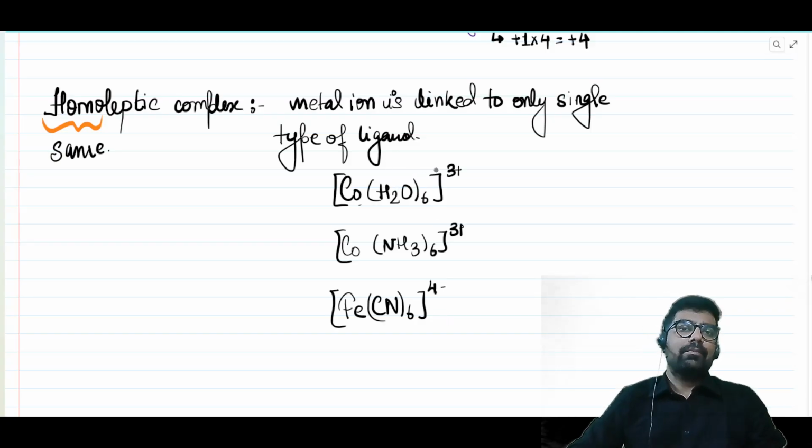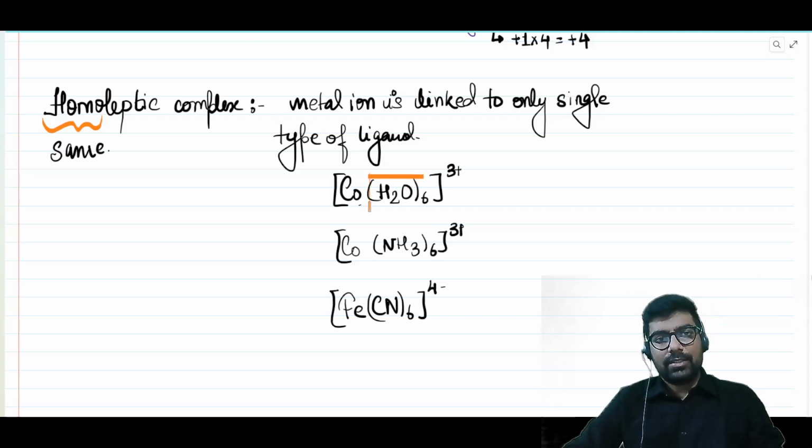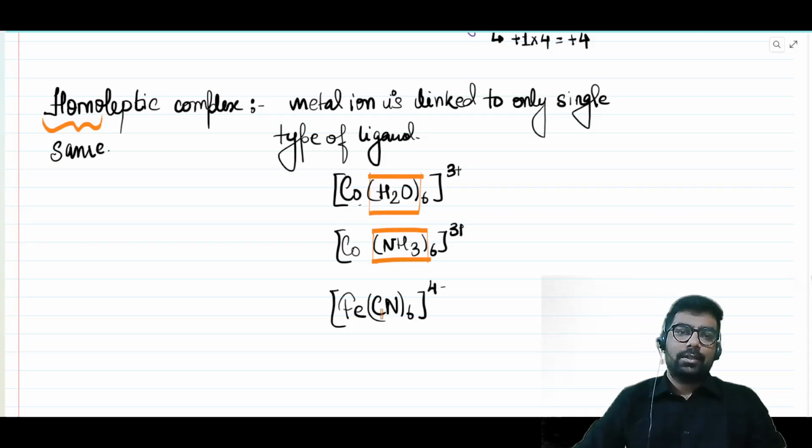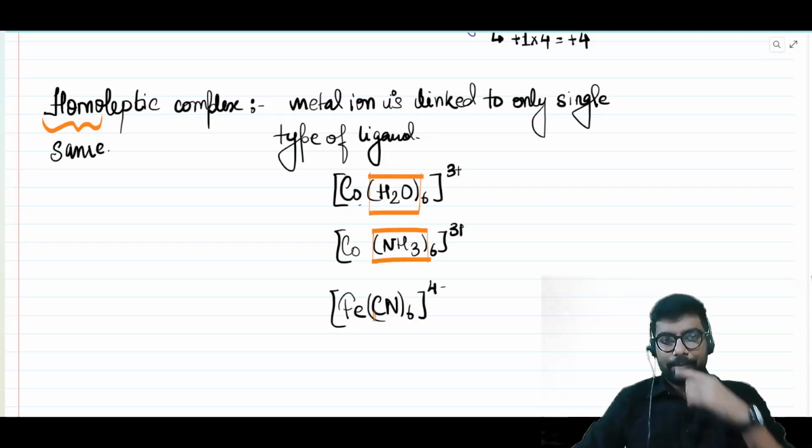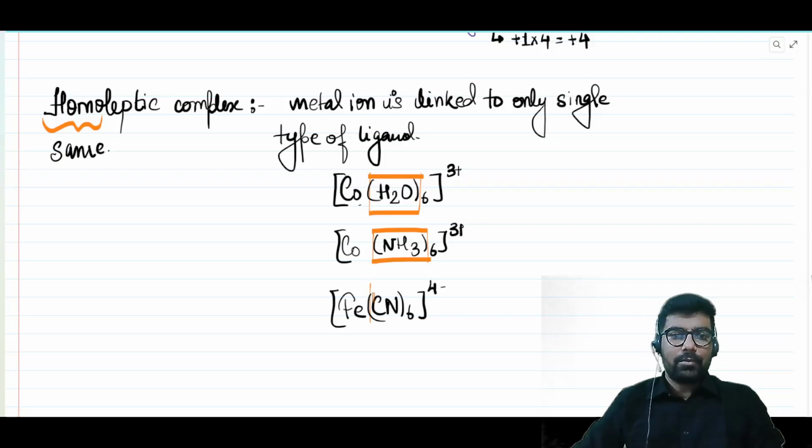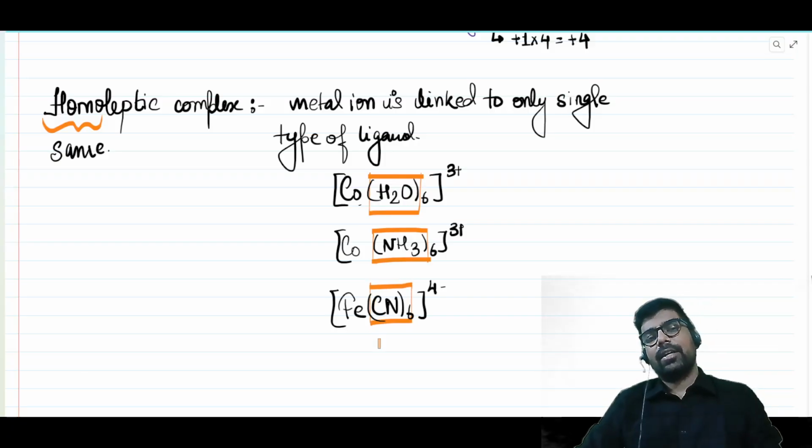If the ligands are same, over here the ligand is H2O, all the ligands, there are 6 H2O. This is an example of a homoleptic complex. 6 ammonia attached to the metal ion. So, example of a homoleptic complex. 6 cyanides attached to iron. Again, an example of a homoleptic complex.